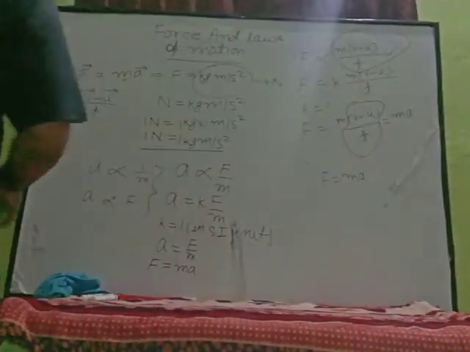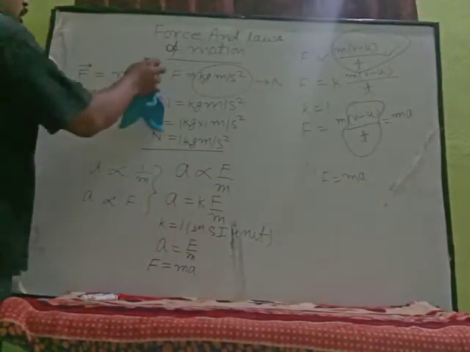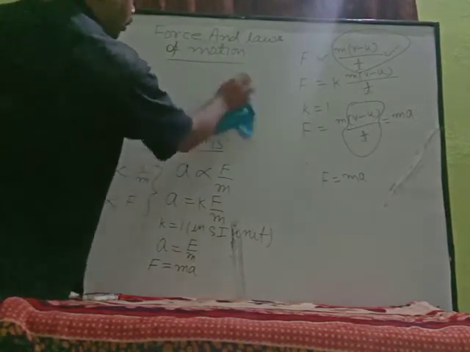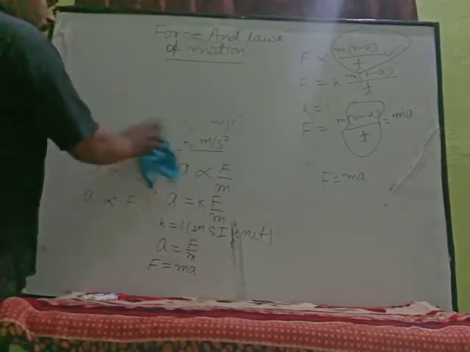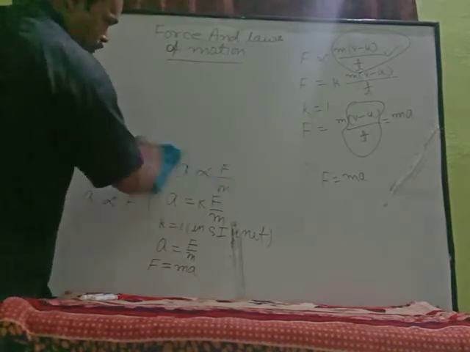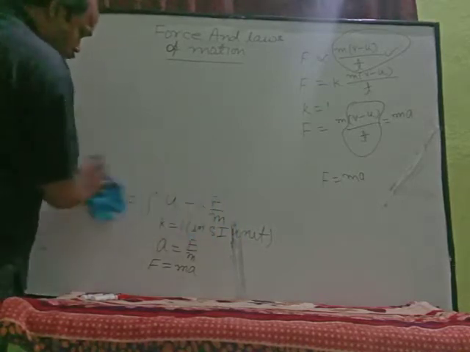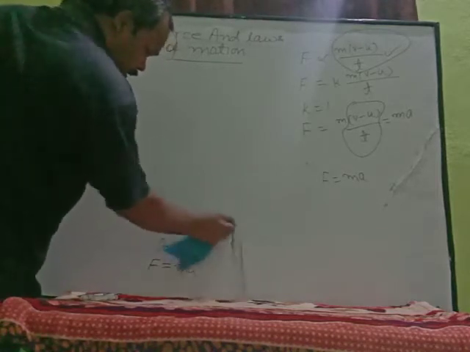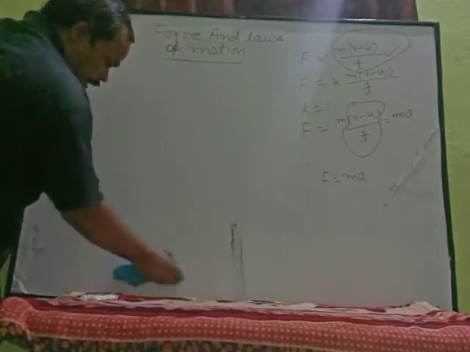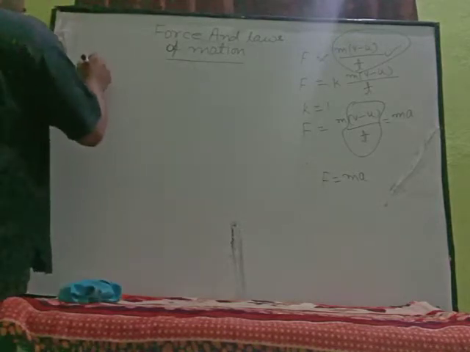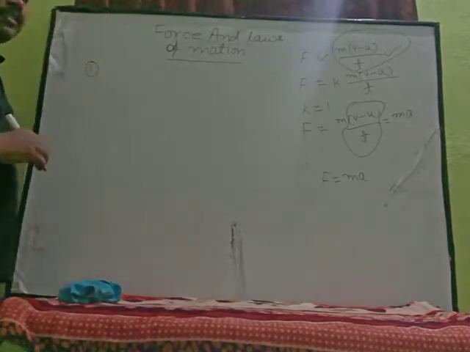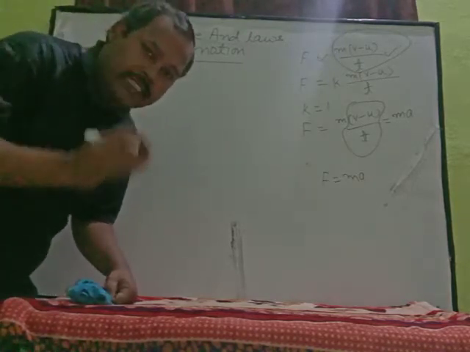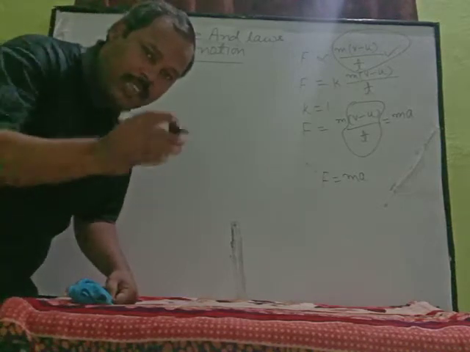After knowing about it, we should know Newton's laws of motion. There are 3 laws given by Sir Isaac Newton. What are these laws? First: a body will remain at rest or in uniform motion until and unless an external unbalanced force is applied on it.